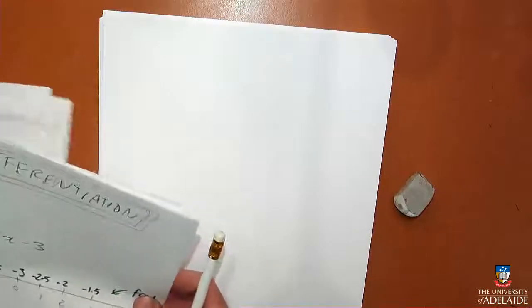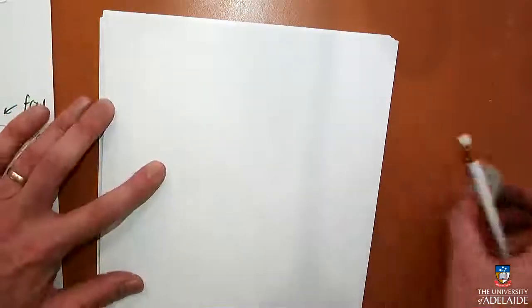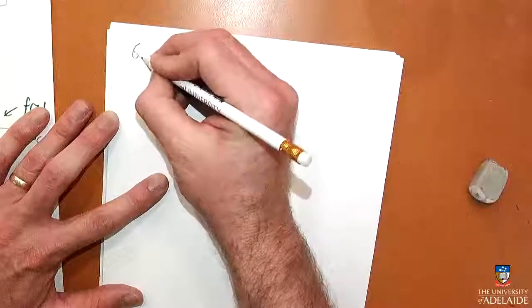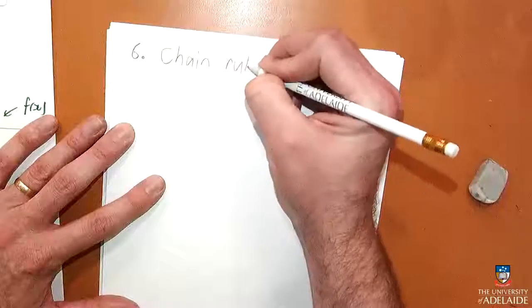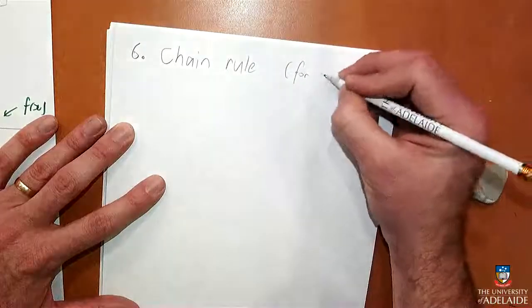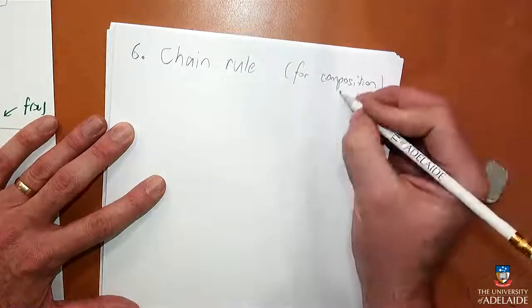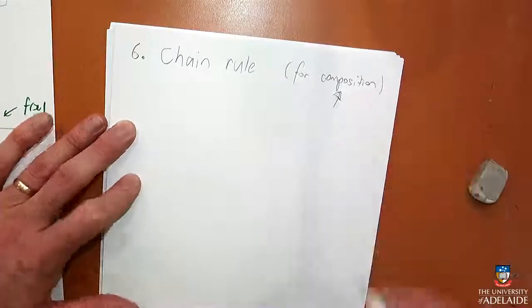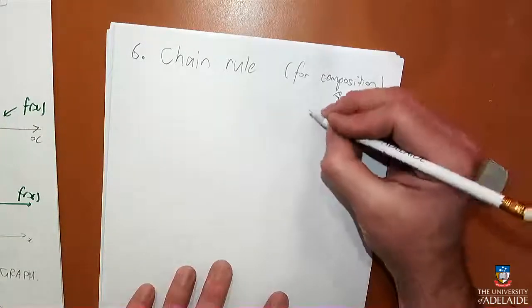Here in South Australia, it's called the chain rule. And it's for composition. And the action of composition is doing one function, subbing one function into another function.